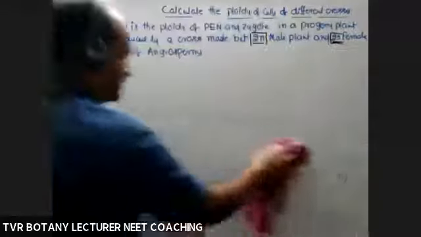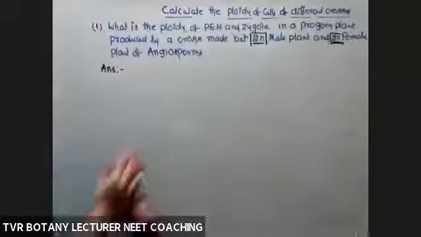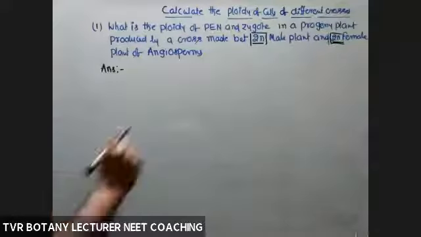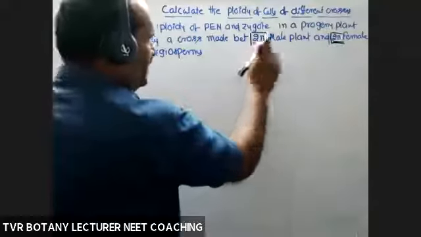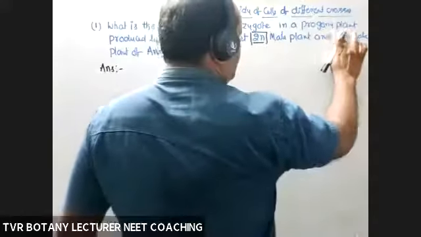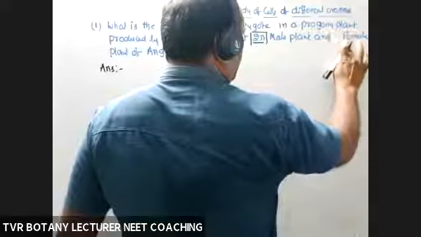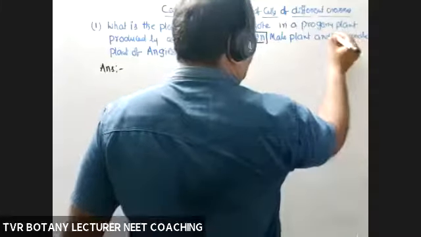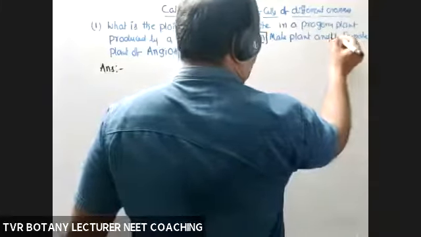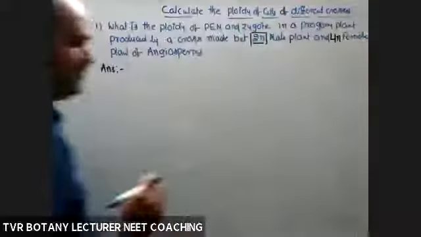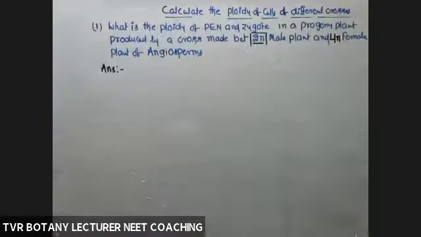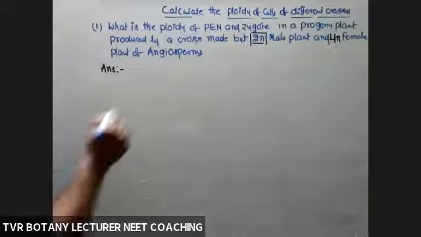Now you have to answer with the help of this fundamental sum. So 2n male as it is, instead of 2n female, here I'm taking 4n female. Now what about the ploidy of zygote and PEN?